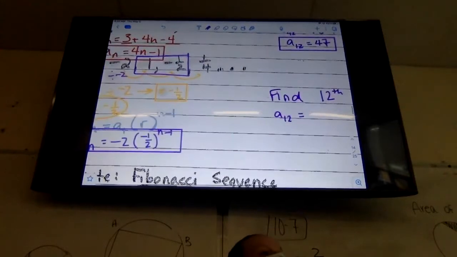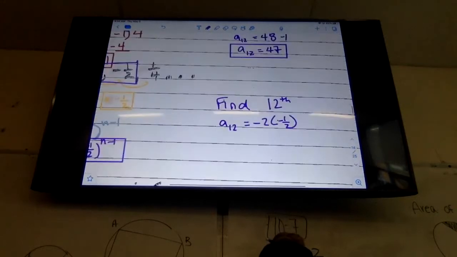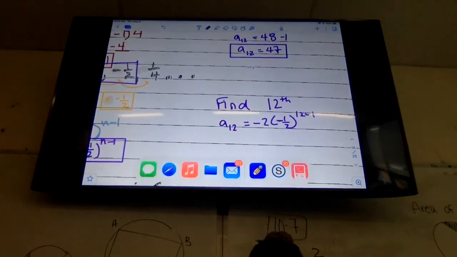The only thing that changes is that instead of n, we get to write 12. So I do -2 times -1/2 raised to the 12 minus 1. I'm actually going to need my calculator on this because we're about to raise -1/2 to a very big number, aren't we?